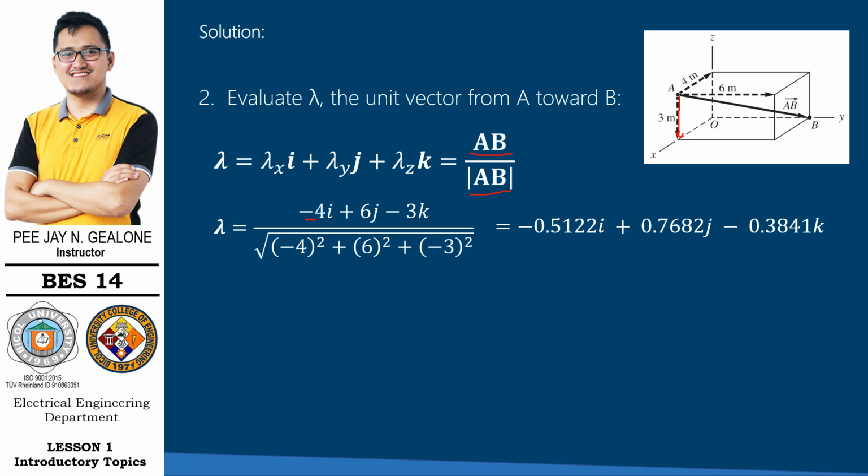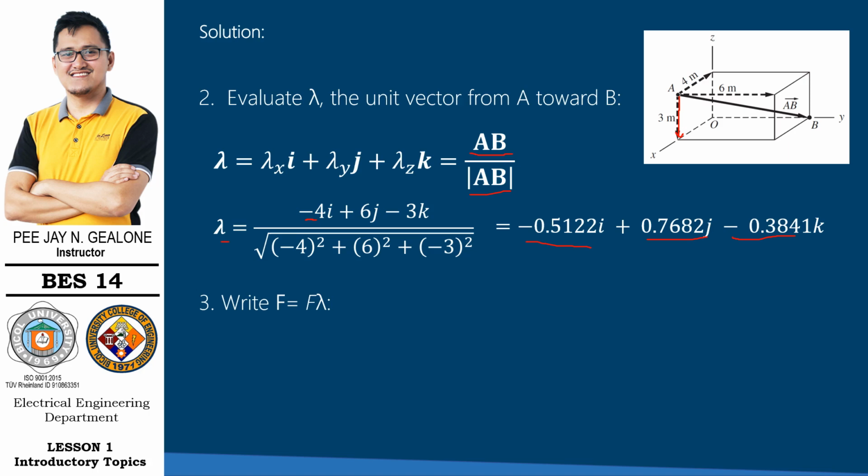So, masasolve natin as lambda, our unit vector, is equal to negative 0.5122i plus 0.7682j minus 0.3841k. If you can remember, kapag minultiply ko ang scalar value or the magnitude of a vector sa kanyang unit vector, then masusolve ko ang actual value ng vector na yon.